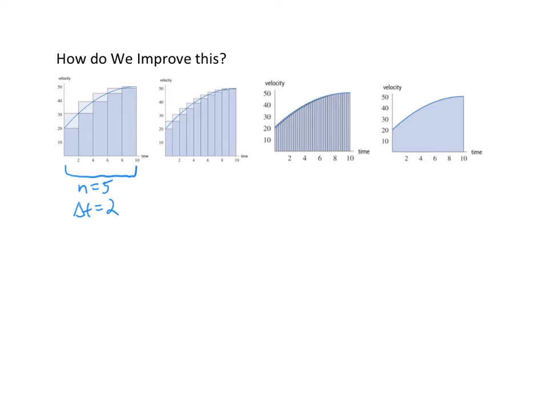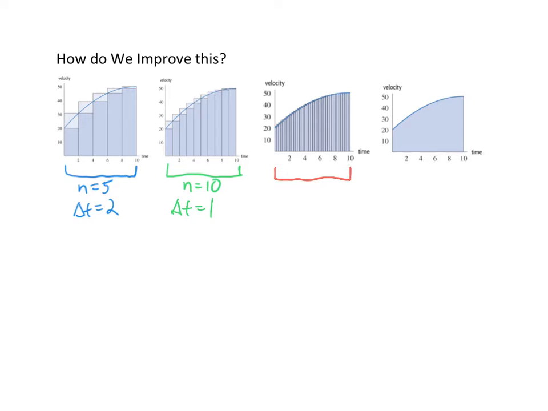If you created more subdivisions, like in this example underneath the same curve, there are actually 10 subdivisions. What you're noticing is now all of a sudden it's starting to fit the curve much, much better. And here, if you divided 10 seconds into 10 subdivisions, you would have delta t equals 1.